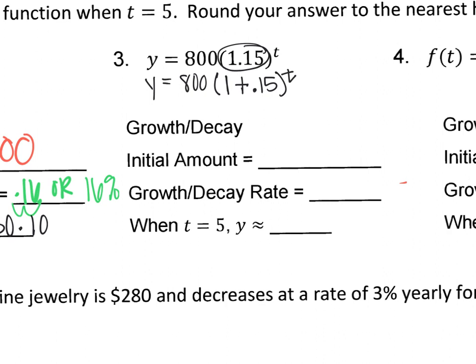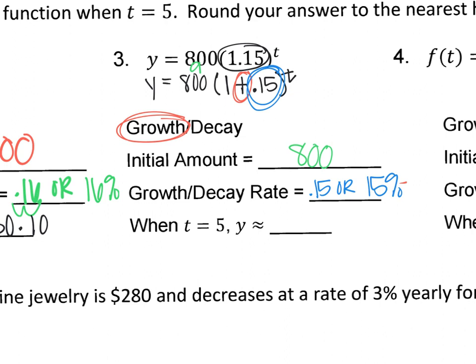So, since I'm adding, the addition sign tells me that it's growth. The initial amount I put in is A, which is 800. Growth rate, right here, 0.15, and again we want to change that to the percentage, 15%.